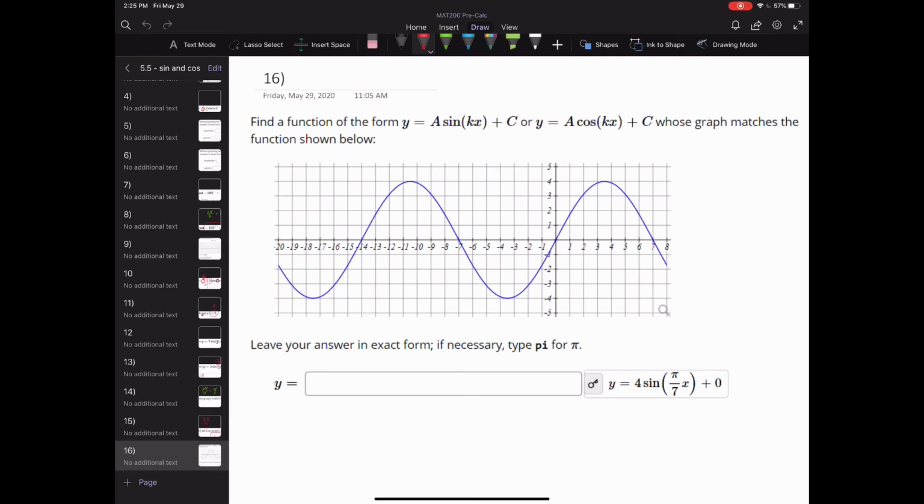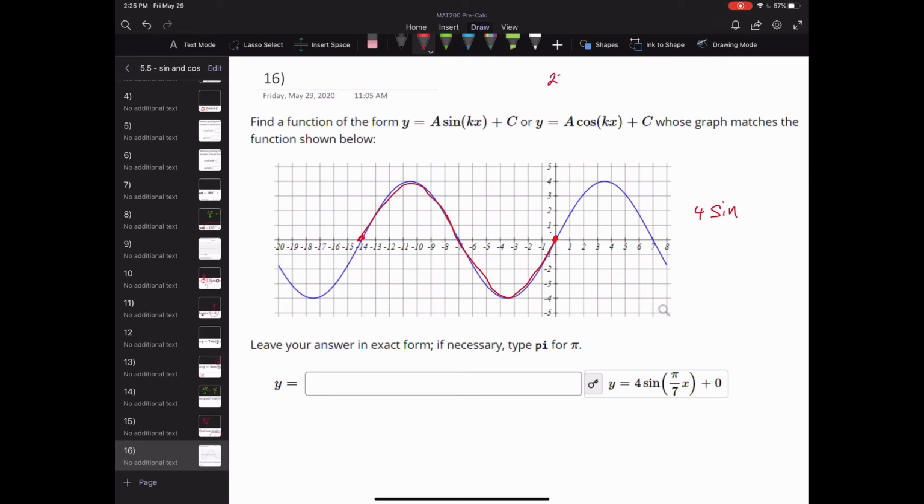Find a function of the form that. Okay, same type of question again. Now let's see, this looks like a sine curve because it's starting at 0. So let's do sine. The amplitude is 4, right? Because the height of this, all of that distance, is 4. So let's put a 4 right there. And I'm looking for one period of this, and that stops right there at 14.